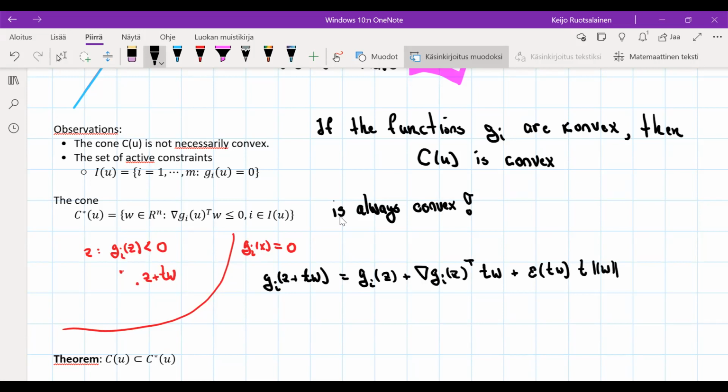I want to prove that this whole space is, I can take any direction.